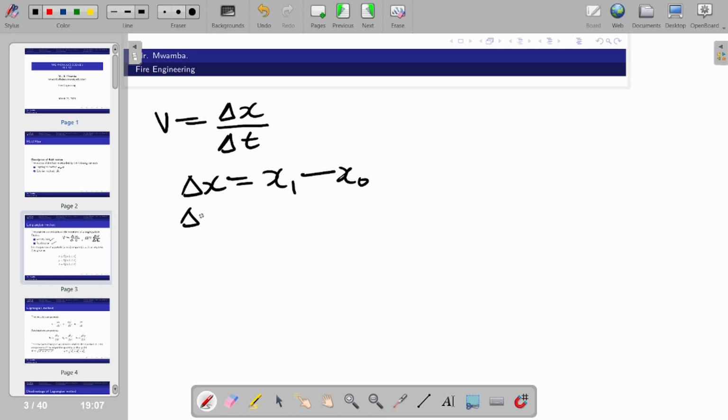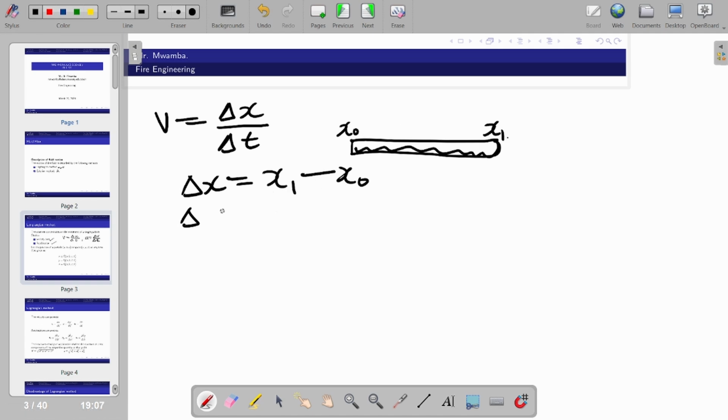Remember, if you have a distance from one point to another, and you call the first point x0, the initial point, and x1, the final point, to find the change in displacement you subtract the final point minus the initial point.